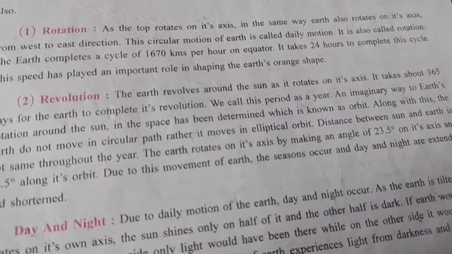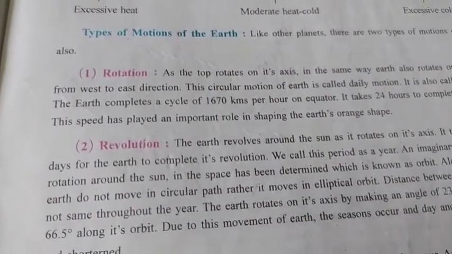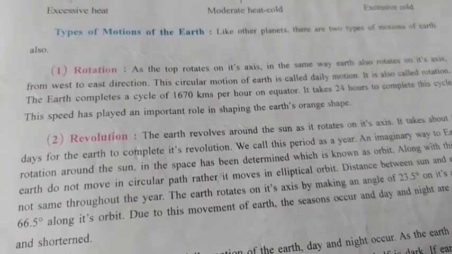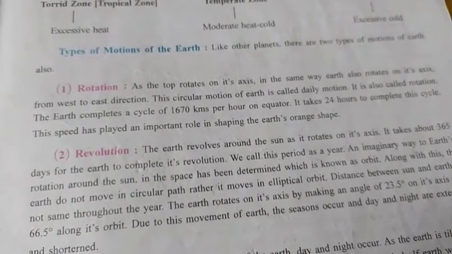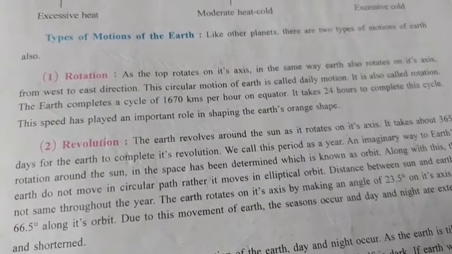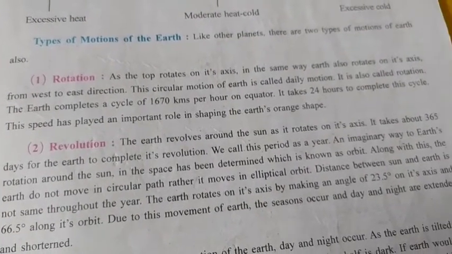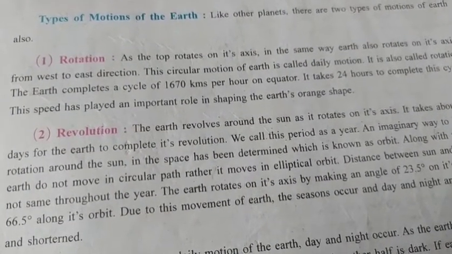An imaginary path of earth's revolution around the sun in space has been determined, which is known as orbit. Along with this, the earth does not move in a circular path, rather it moves in an elliptical orbit. Distance between sun and earth is not the same throughout the year.